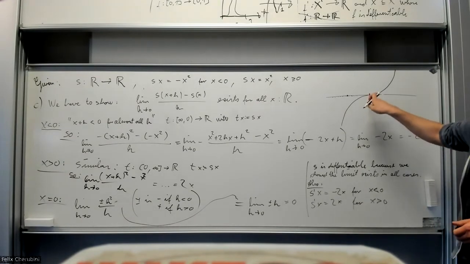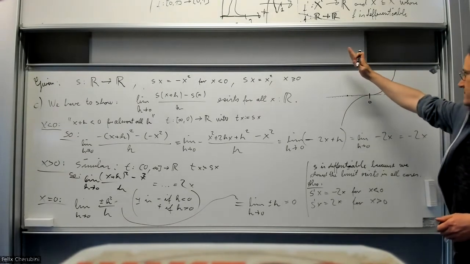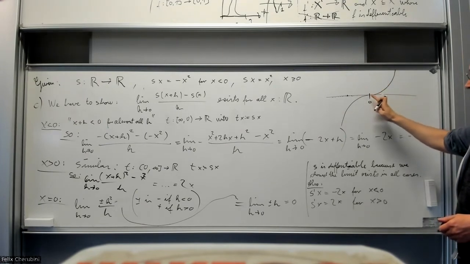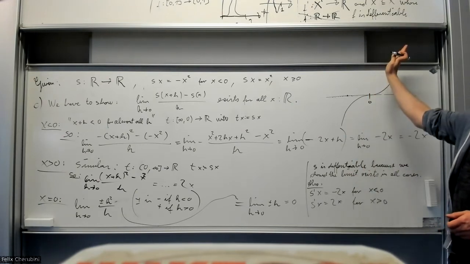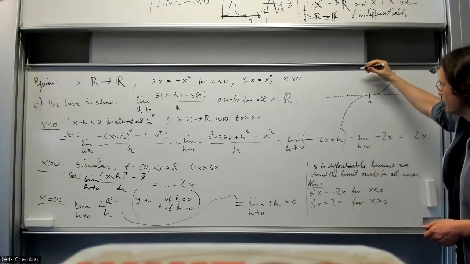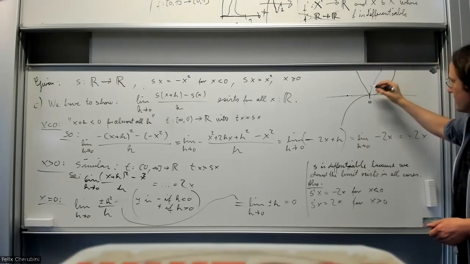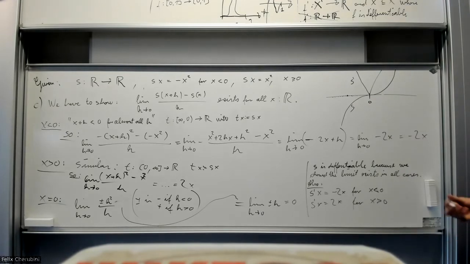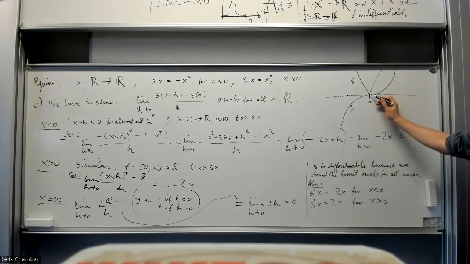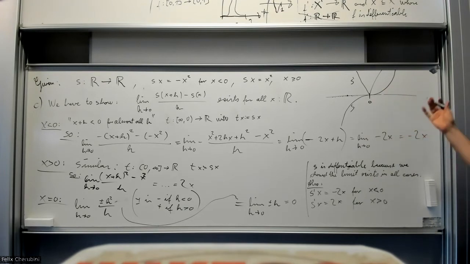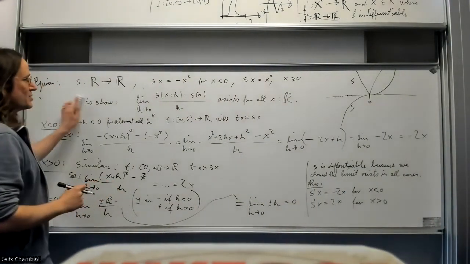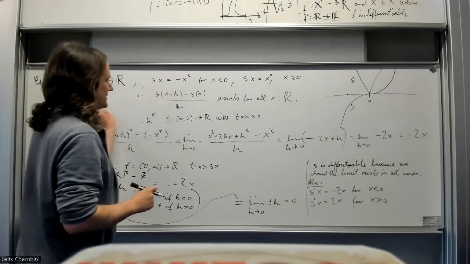Below 0, minus 2x means it's a straight line going down, and greater than 0, 2x, it's a straight line going up. So it looks like this. So that's S prime. And this is a problem because here you don't know what the slope at this point should be. So yeah, let's do part D.